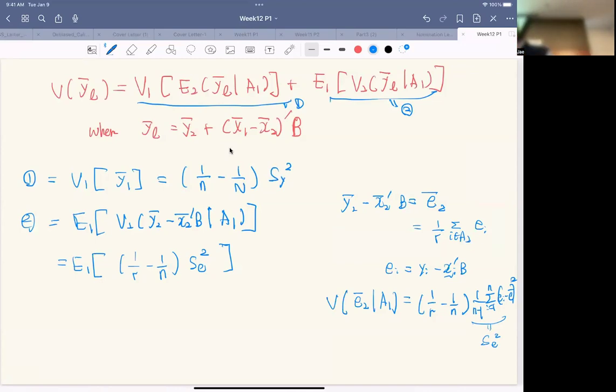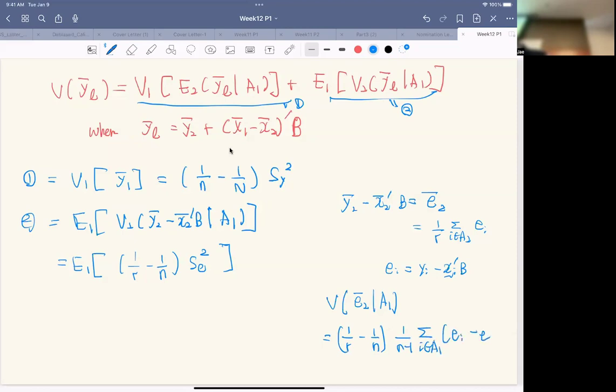Actually, the summation is not really accurate. Let me write it again more rigorously. So 1 over R, right? Because we condition on A1, this is the population. So this is the variance of the E i's in A1.